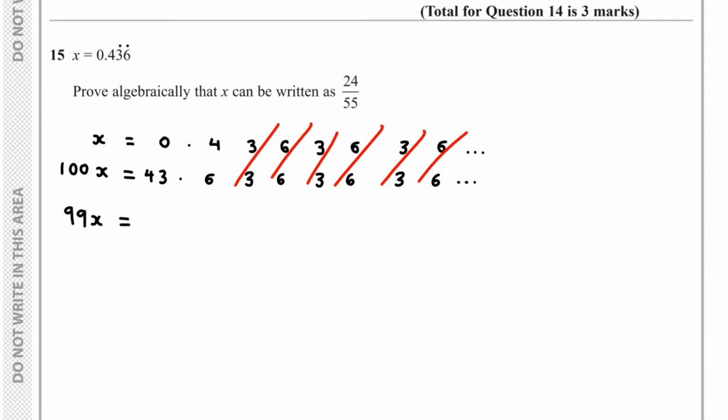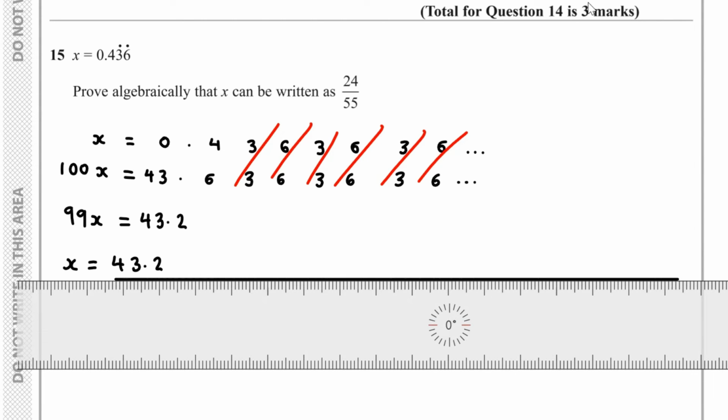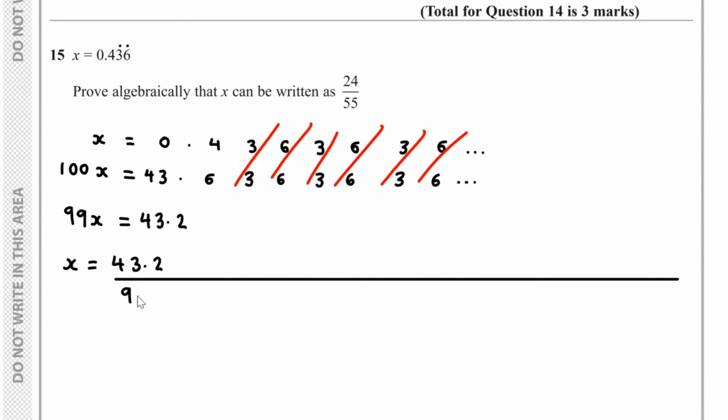You can hopefully see the terms here cancel out. So we've got 43.6 take away 0.4, which is 43.2. And if we divide through by 99, you can see x is equal to 43.2 divided by 99. And if we multiply through by 10, we've got 432 divided by 990.